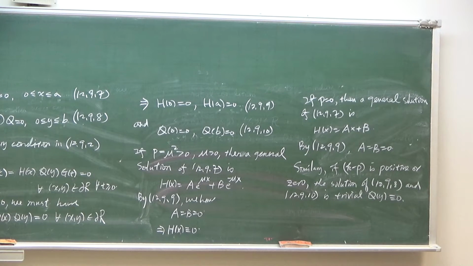So a general solution of 12.9.7, this one, is h of x equal to a cosine mu x plus b sine mu x.